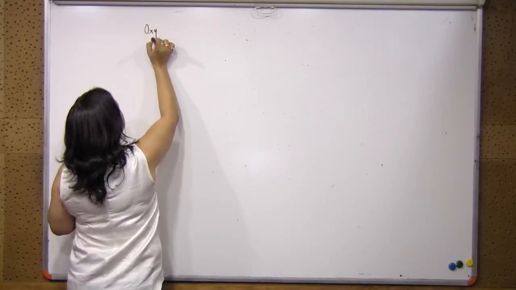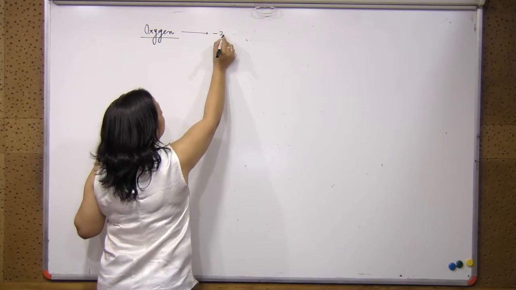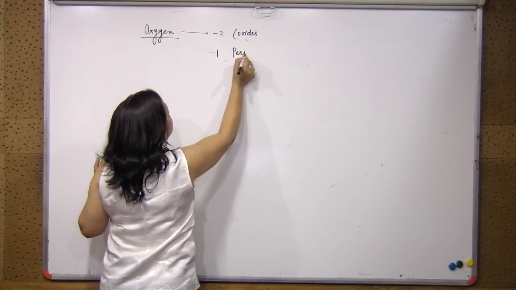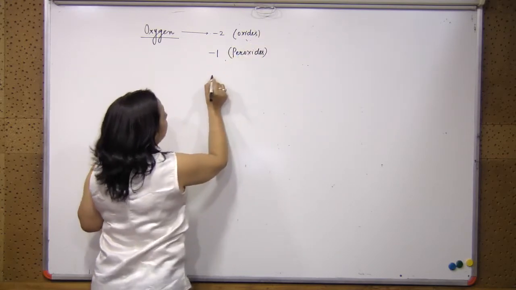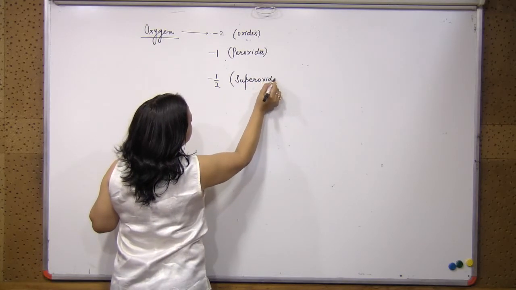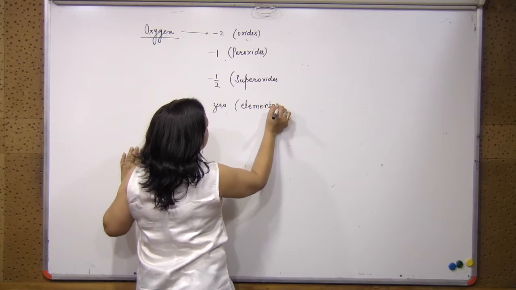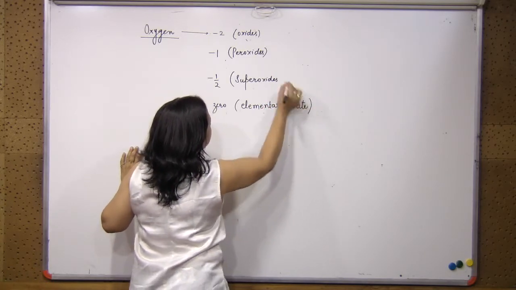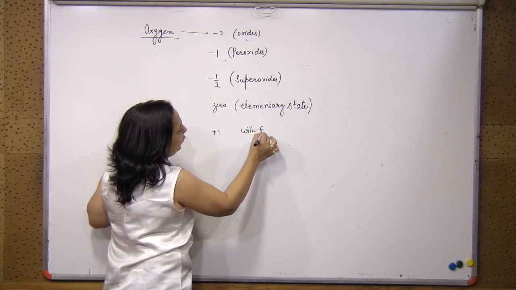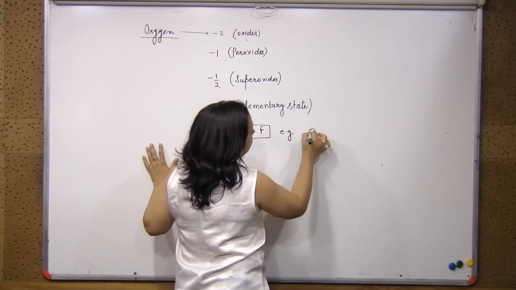When it is about oxygen, oxygen can show -2, that means oxides; -1, peroxides; -0.5, superoxides; 0, elementary state; and +1 with fluorine. Example of a +1 compound is O2F2.